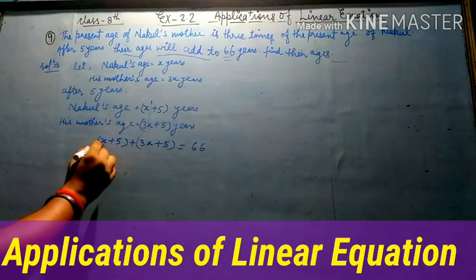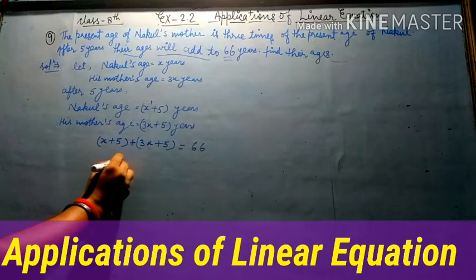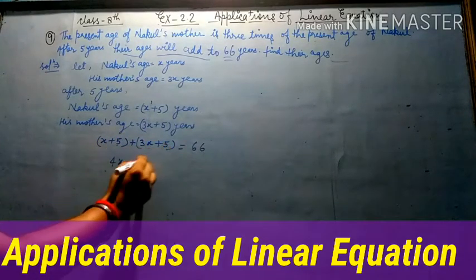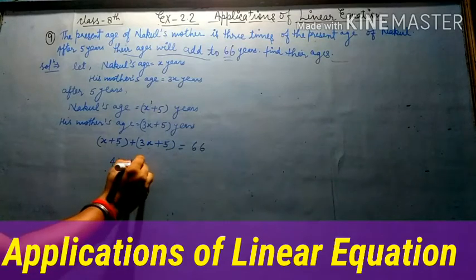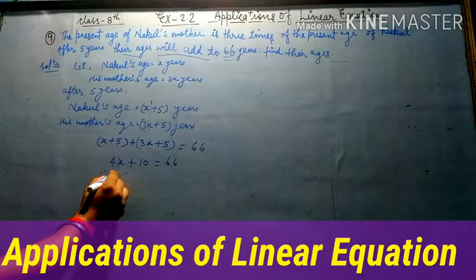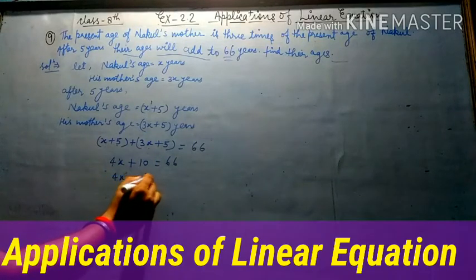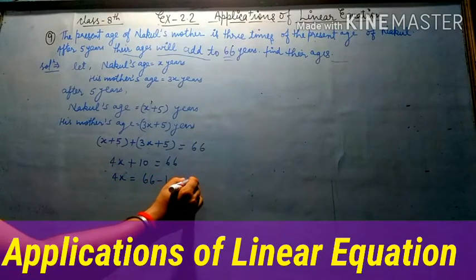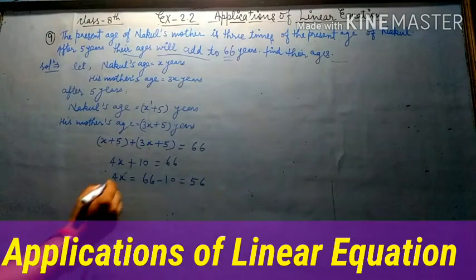So we will add x and 3x, that will become 4x. And 5 and 5 equals 10. We will transfer 10 to that side. 66 minus 10, that is 56.